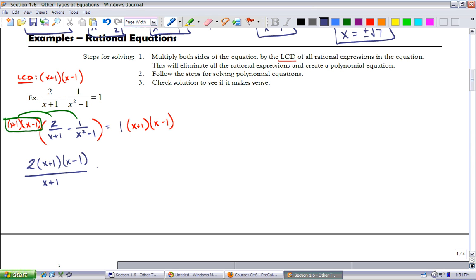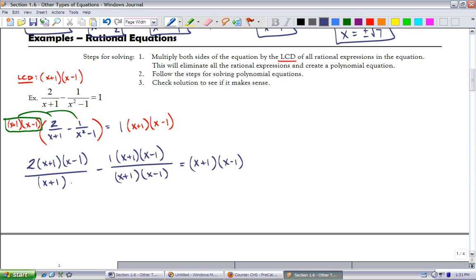That's the first term, minus 1 times x plus 1, x minus 1, all over x plus 1, x minus 1. That's what x squared minus 1 factors to. And all of that is going to equal x plus 1, x minus 1.